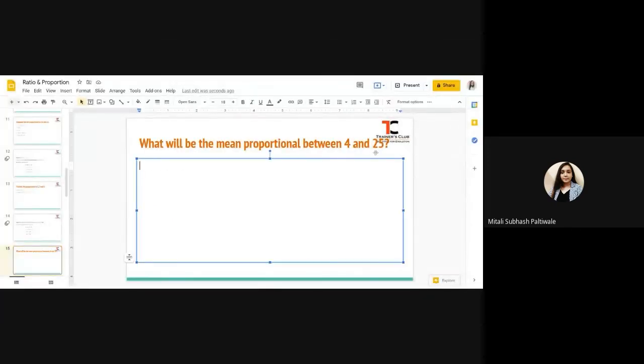Now look, 4 and 25 are given. So let's directly find this out.